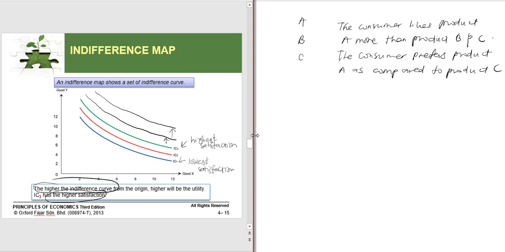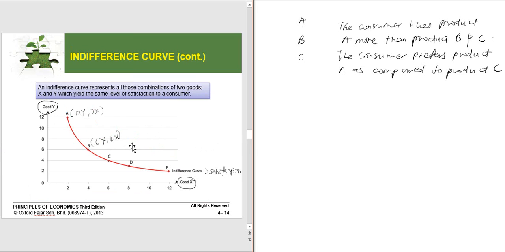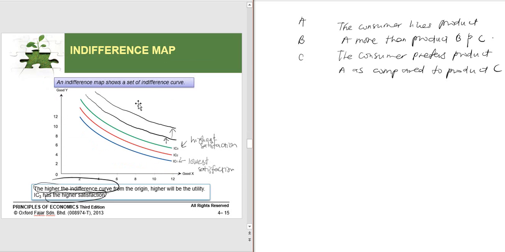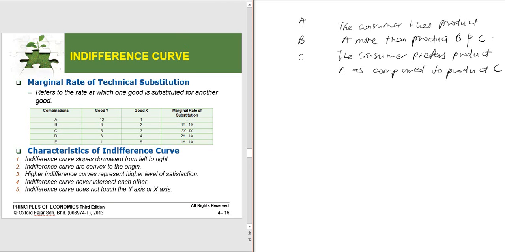The lower the indifference curve, the lower the level of satisfaction. So that is what we mean by indifference curve or indifference map. An indifference curve shows just one level of satisfaction. An indifference map shows different levels of satisfaction, so you have a number of indifference curves in one graph.